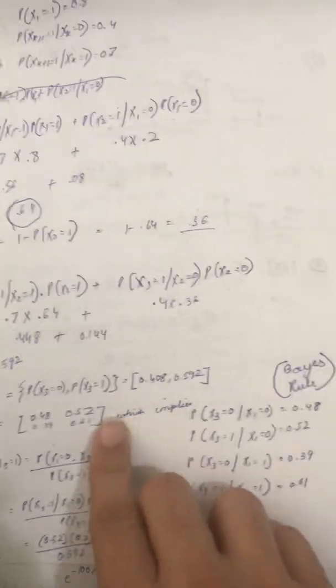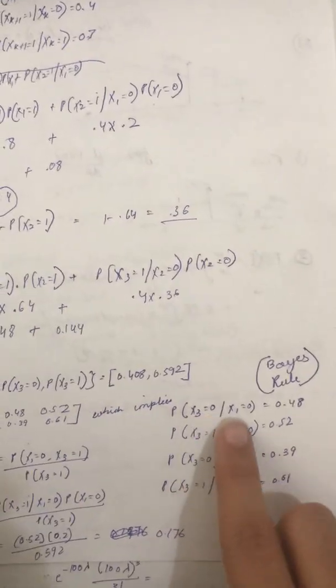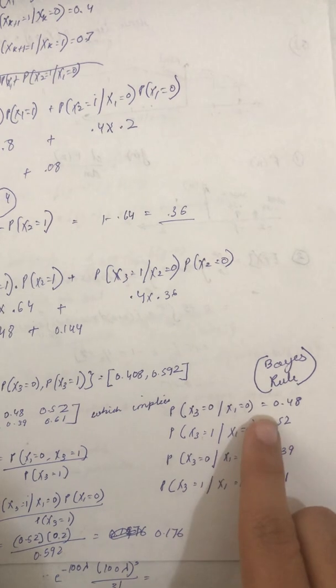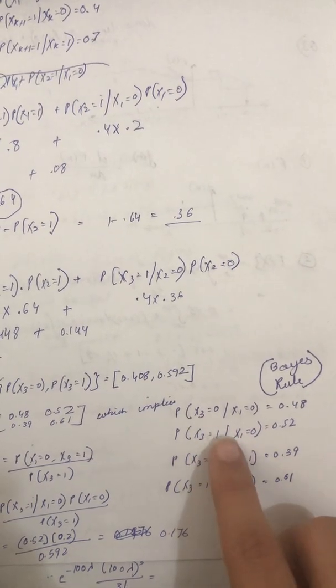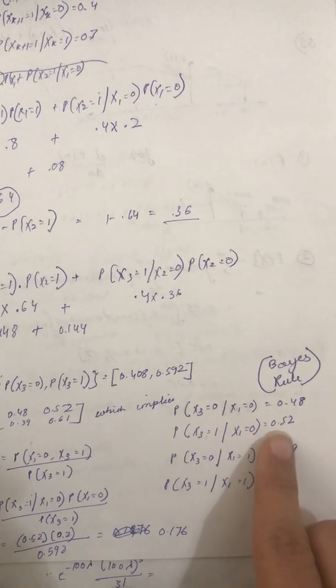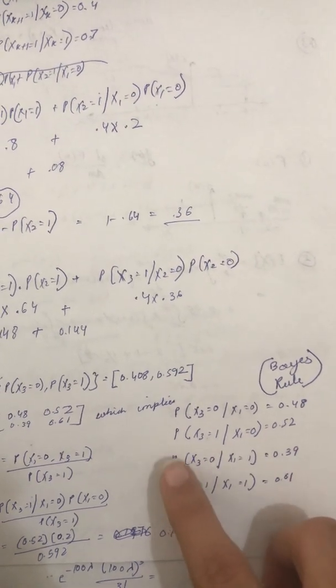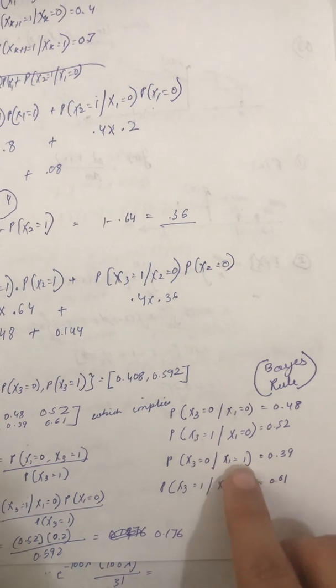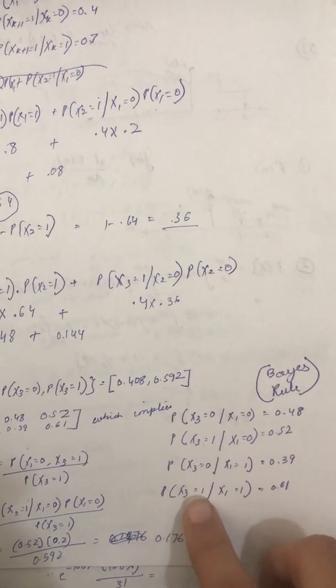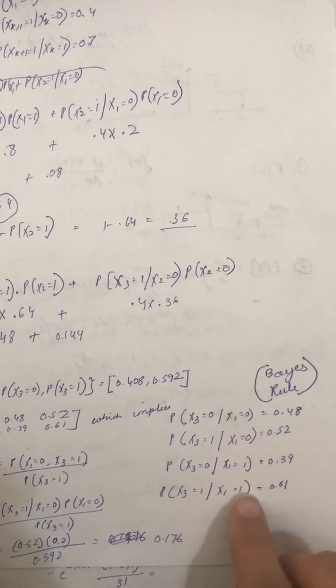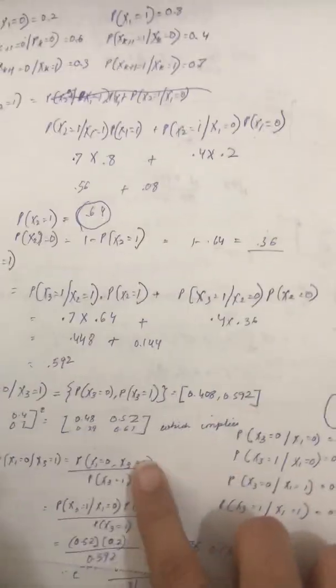This implies the probability of x3 equal to 0 given x1 equal to 0 is 0.48, the probability of x3 equal to 1 given x1 equal to 0 is 0.52, the probability of x3 equal to 0 given x1 equal to 1 is 0.39, and the probability of x3 equal to 1 given x1 equal to 1 is 0.61.